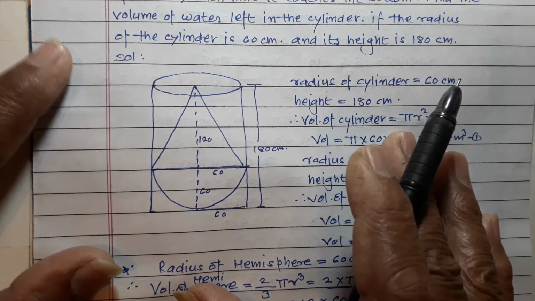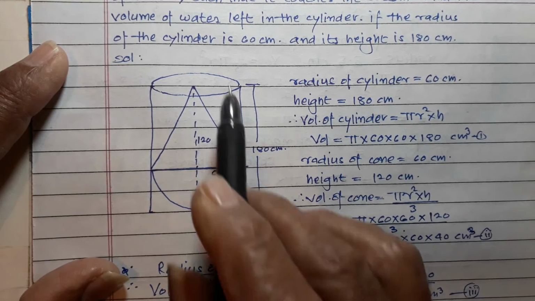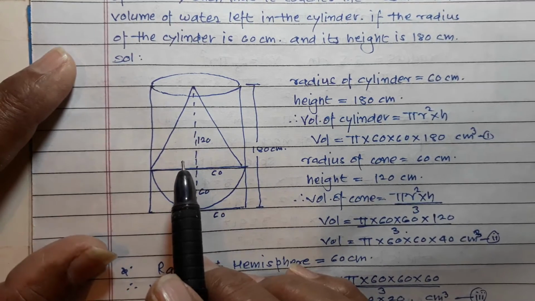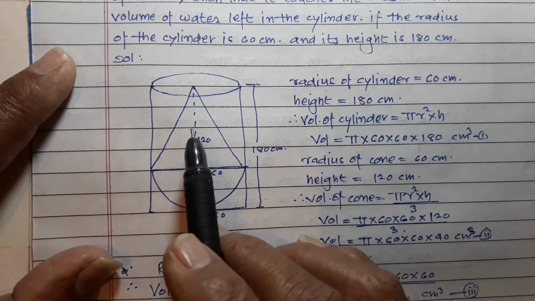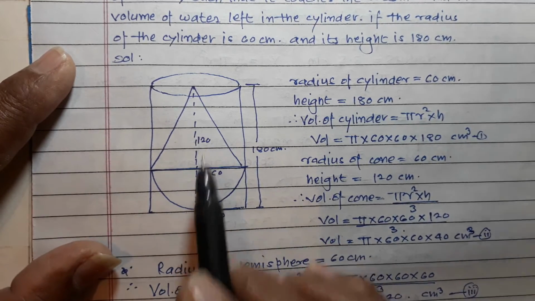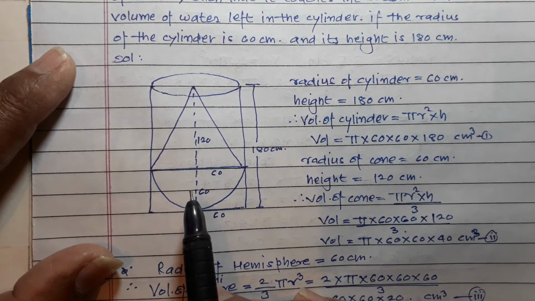Now try to understand the solution. So this is a cylindrical vessel and this is an article consisting of a cone and hemisphere immersed in the water.